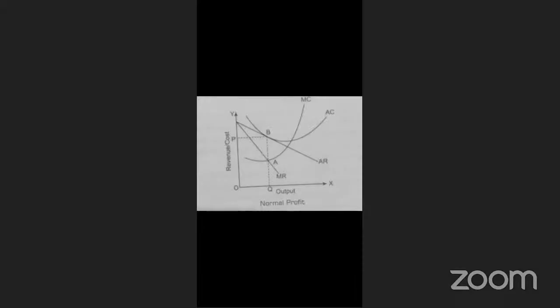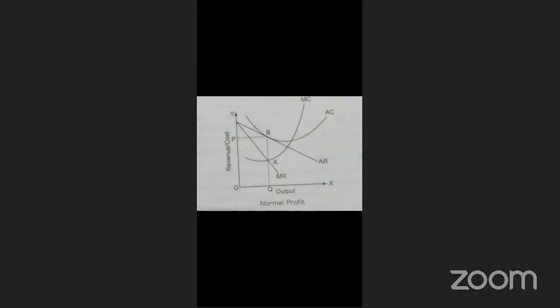If the average cost of the firm is equal to the average revenue at the point of equilibrium, then the firm earns normal profit. Here the situation can be understood by the following diagram.